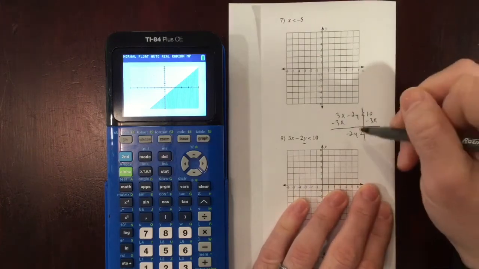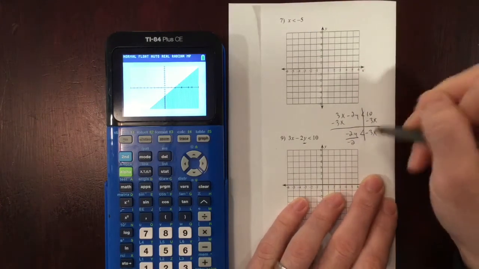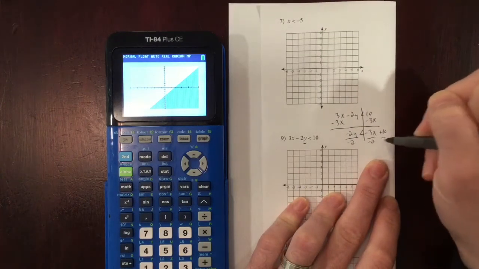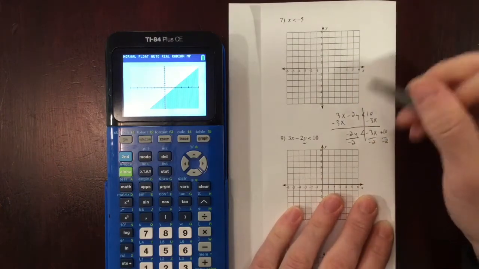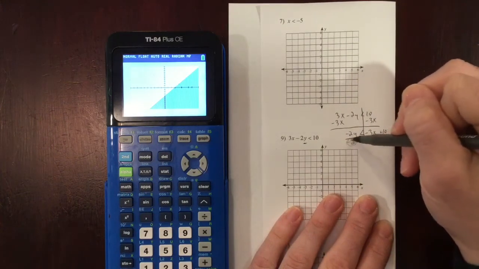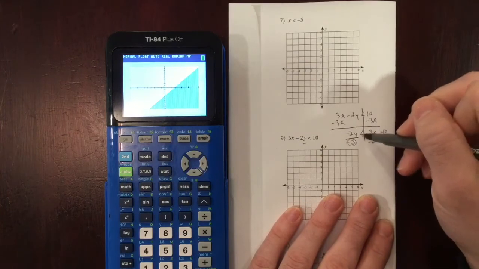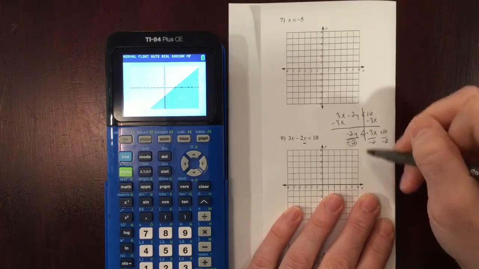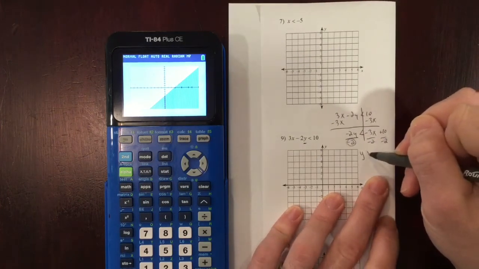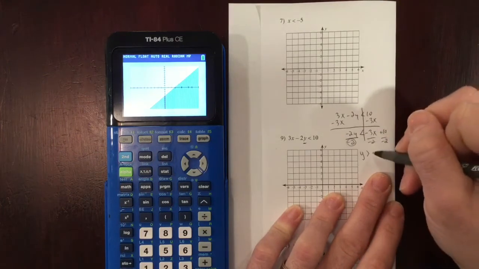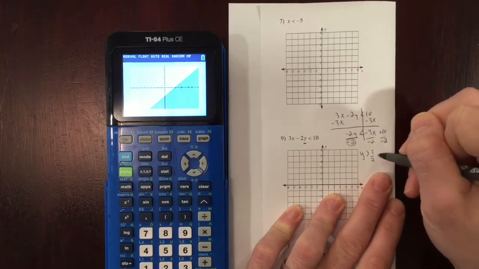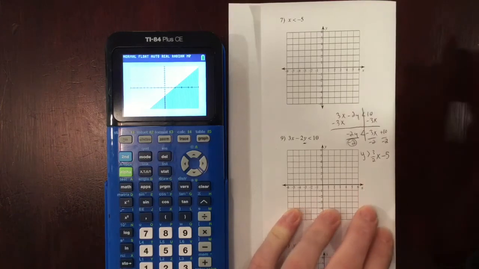We still have to get y by itself, so I'm going to divide everything by negative 2. Our flag should have come up because I divided by a negative in an inequality, so I have to flip this inequality sign. So this becomes y is greater than, negative over a negative is a positive, 3/2 x minus 5.